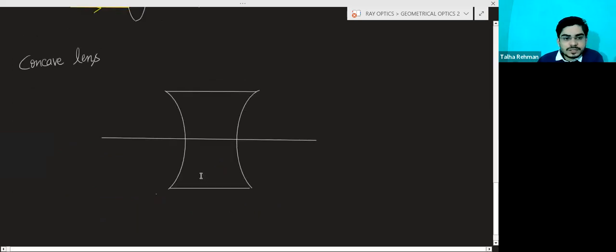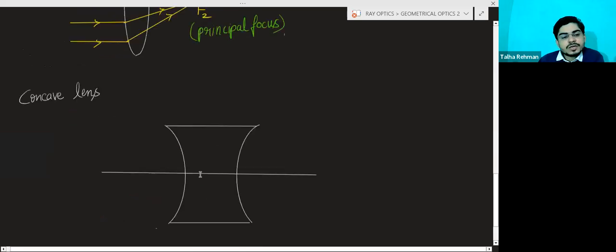After this we will define the principal focus for the concave lens.